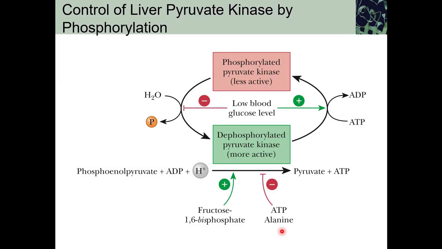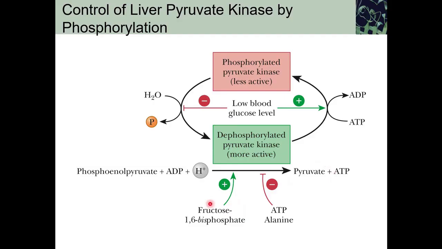When you have a lot of alanine, that means you have a lot of pyruvate, and therefore there's no more need to synthesize pyruvate. That is why alanine inhibits this pyruvate kinase, because when you have a lot of alanine, that means you already have a lot of pyruvate, right?